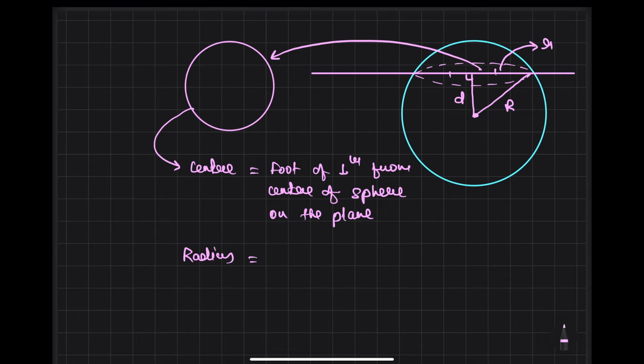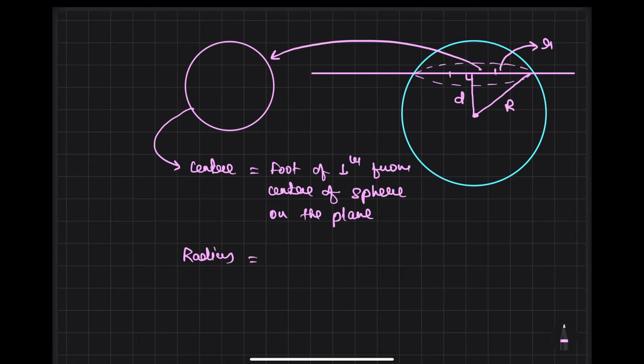So I hope if you cut a sphere by a plane, you guys can find out that it is a circle whose center can be found by using the foot of perpendicular of the center of the sphere to the plane.